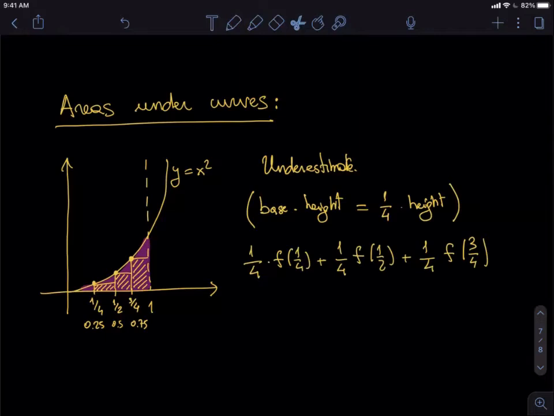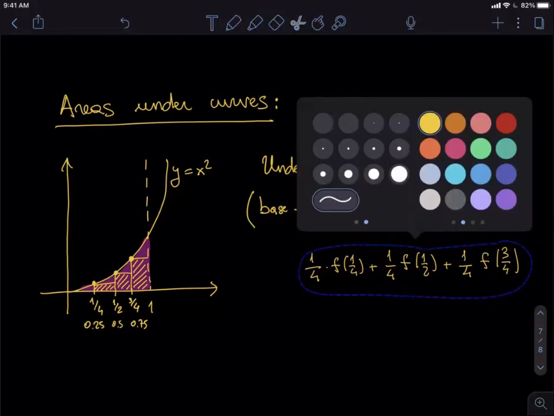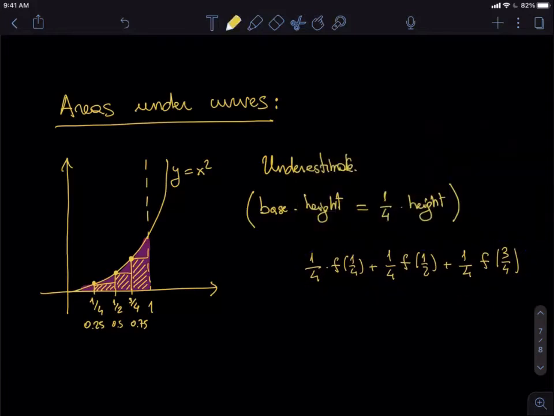There is actually a fourth rectangle that I didn't write, but I'm going to write it now. The one that doesn't appear because it has height equal to 0 is 1/4 times f of 0. Okay, the value here, f of 0. So it's a rectangle without area, if you want. So this one doesn't really appear.